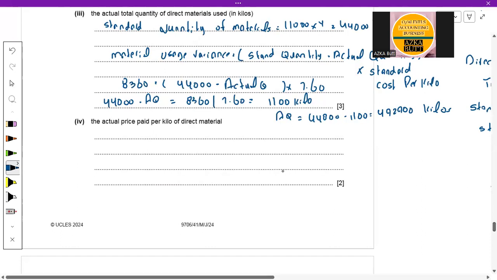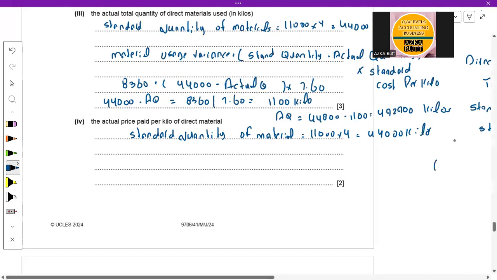So standard quantity of material is equal to 11,000 multiplied by 4, and this is equal to 44,000 kilos. And in step 3, we are going to use the material usage variance formula.